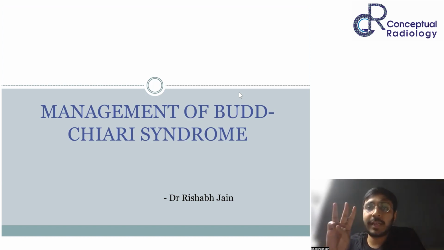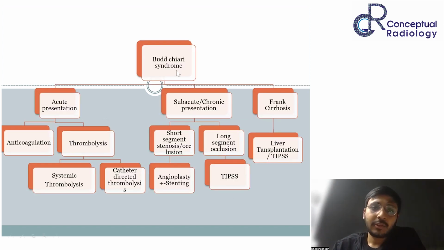So our three questions were: acute or chronic, hepatic veins or IVC, and length of stenosis. These three things will determine our management. So we divide it into acute, subacute, chronic, and frank cirrhosis. In acute presentation, the only goal is anticoagulation and thrombolysis. In acute Budd Chiari syndrome, we want to restore the normal physiological flow through the hepatic veins and IVC.